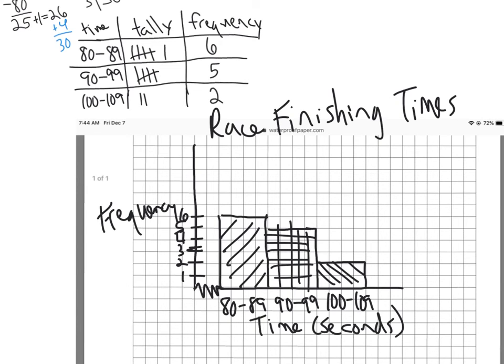Okay, so from that then we could say more people finished from 80 to 89 seconds than any other group. We could say there were a lot more that finished between 80 and 99 seconds than there were that finished 100 to 109 seconds. Okay, different ways we could analyze that if they asked us to.